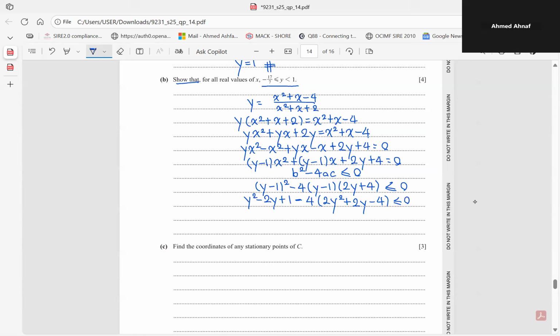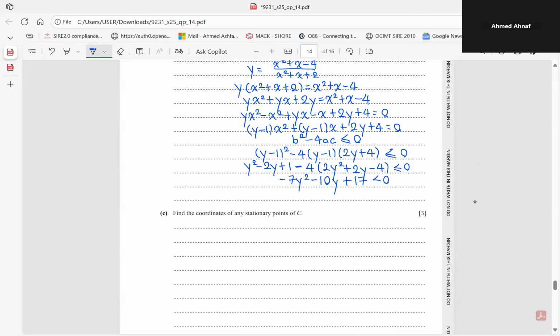So y squared minus 8y squared, that's minus 7y squared. And minus 2y minus 8y, that's minus 10y. And then 1 plus 16, that is plus 17, less than 0. And we can rewrite this as 7y squared plus 10y minus 17 more than 0.